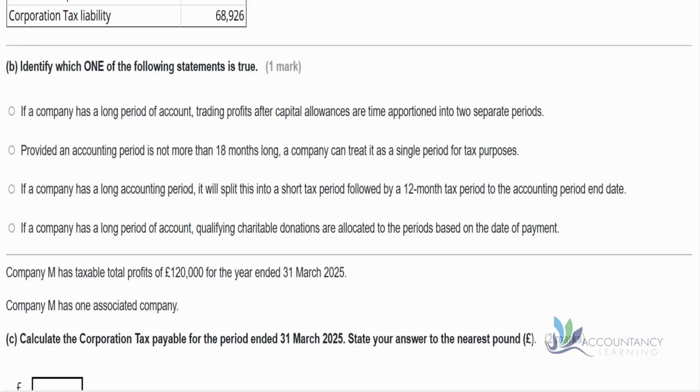Property income is time apportioned. Chargeable gains are going to be put into the period when the disposal happened. Donations, we saw those qualifying donations in part A, didn't we? Those donations are put into the period when the donation payment was made.